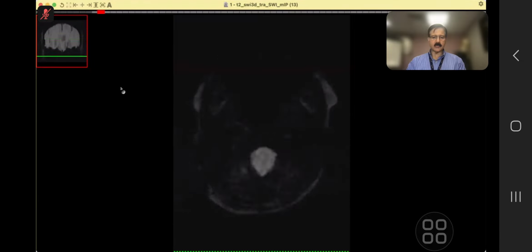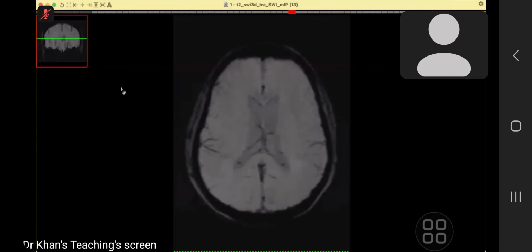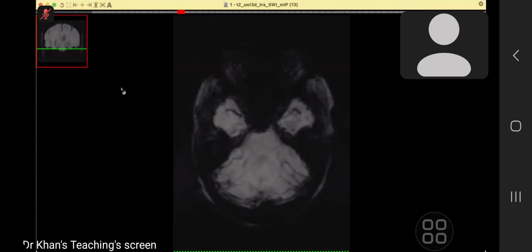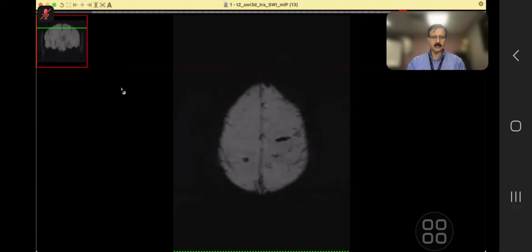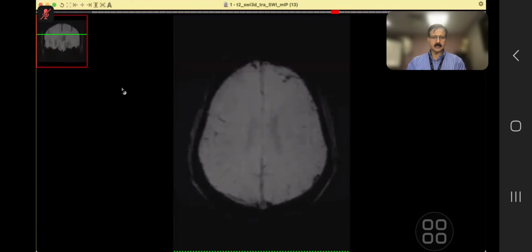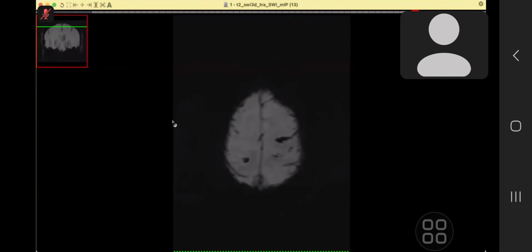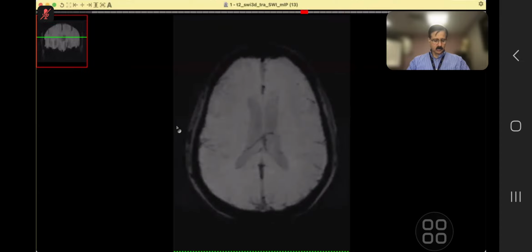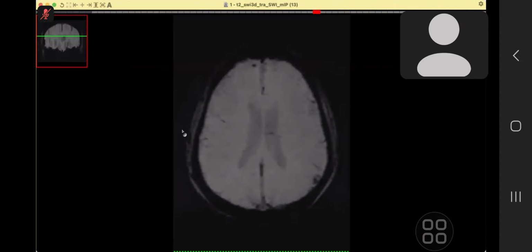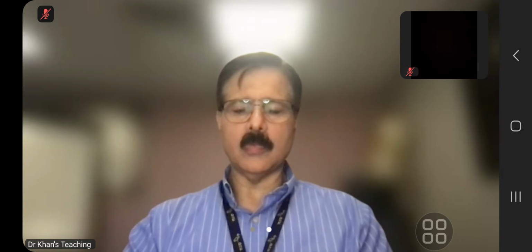Can this happen in a 46-year-old? Spontaneous subarachnoid hemorrhage. Is the conclusion that this is subarachnoid hemorrhage or not? Yes, I'd say this is subarachnoid hemorrhage. Okay then, thank you.